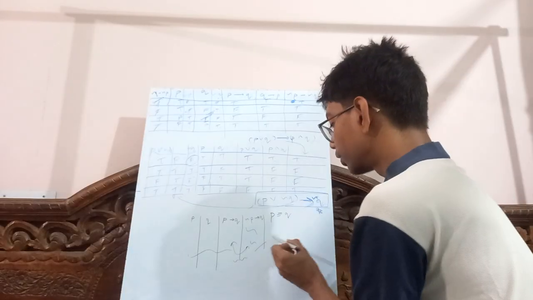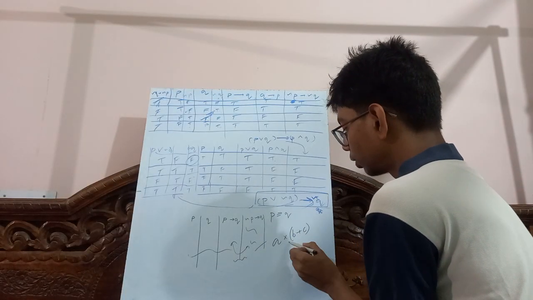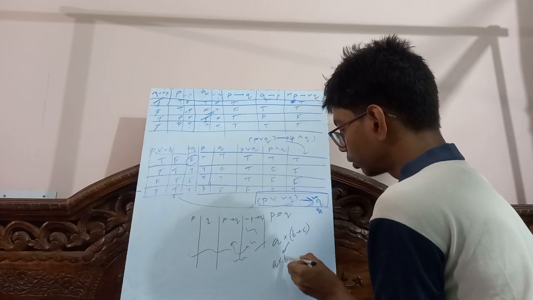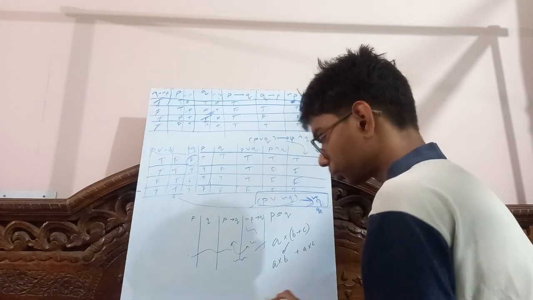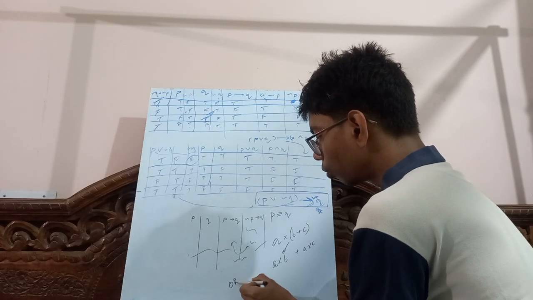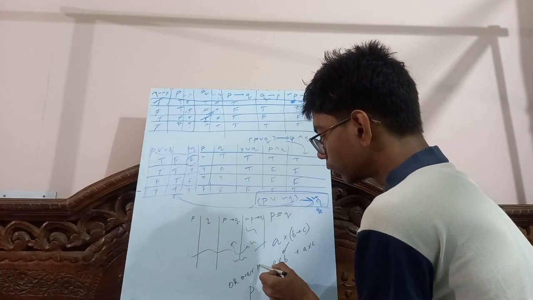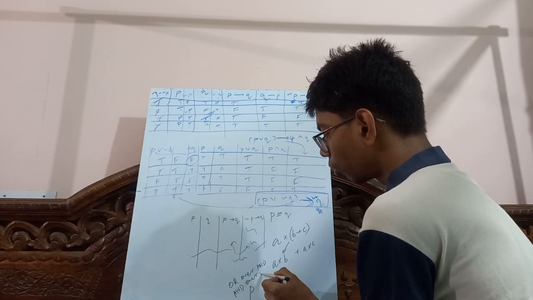So in algebra, distribution law simply means breaking the both. Here it applies to or over and, and over or.